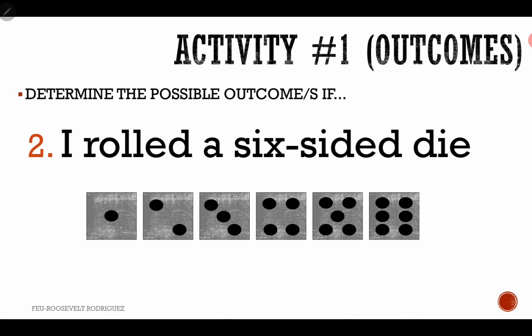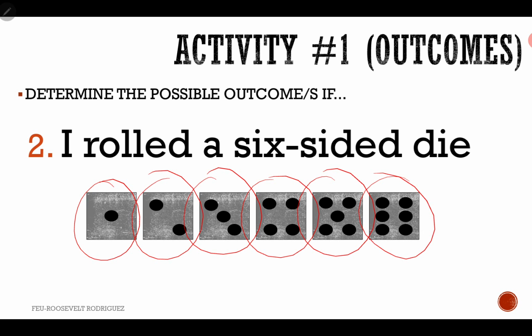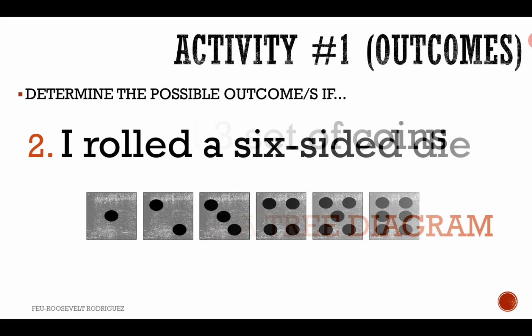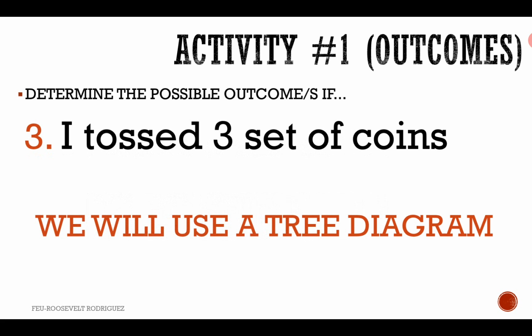So possible lumabas yung 1, pwedeng 2, 3, 4, 5, or 6. But never na magiging dalawa or tatlo na sabay yung possible na lumabas na outcome. Okay? Kasi we're dealing with this single six-sided die.